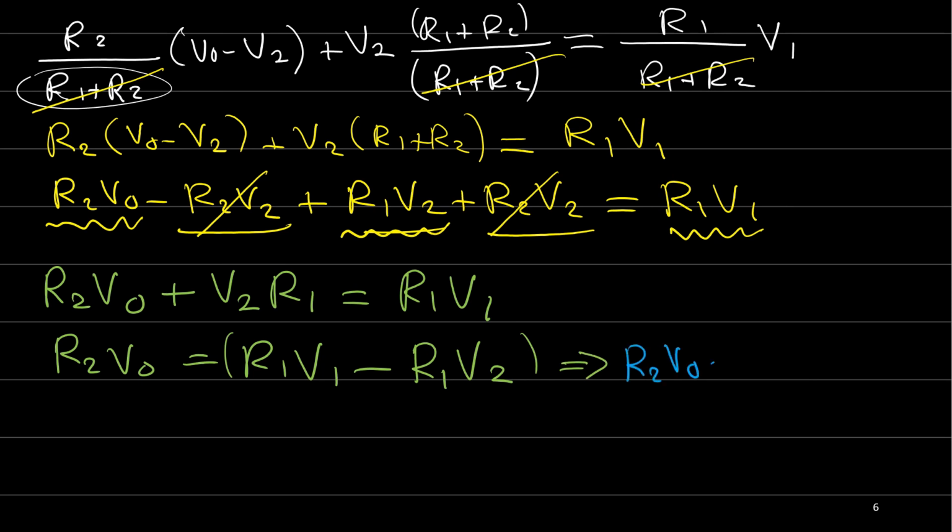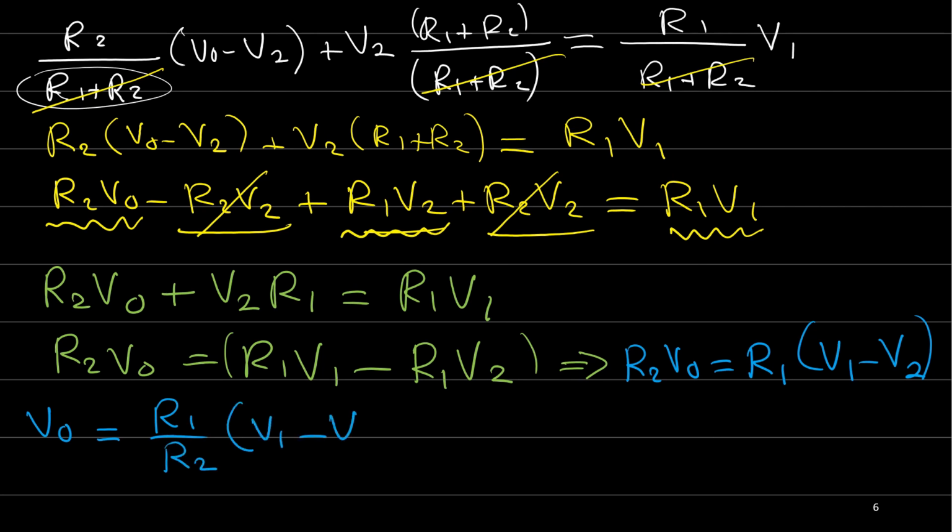So R2 V out equals R1 times V1 minus V2. Finally, V out equals R1 over R2 times V1 minus V2. And this is the subtractor, right?